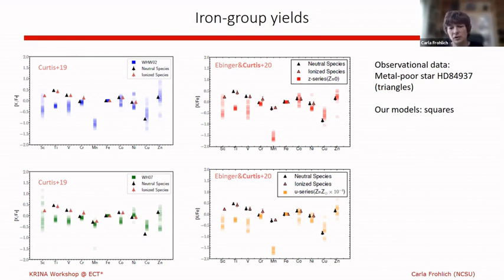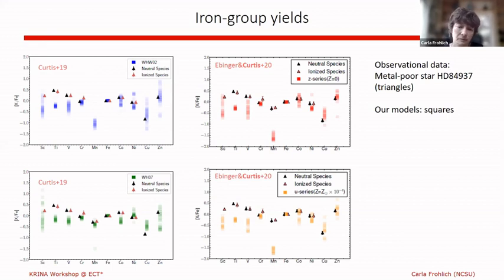So if the point is at 0 on the vertical axis, that means the same ratio as in the sun. These 4 plots show our simulations in color against a well-studied metal poor star depicted by the triangles. I say well-studied because they derived abundances both from neutral species and from ionized species in that stellar atmosphere. And as you would hope, they give the same answer or almost the same answer.